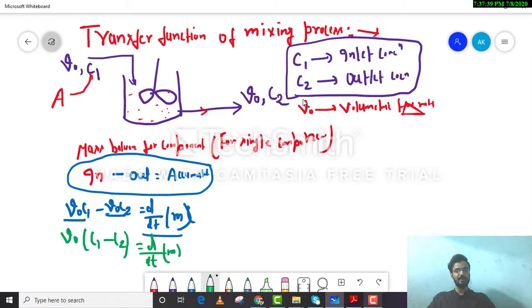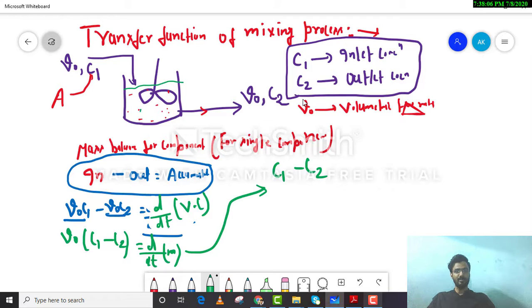From here, this is totally a mathematical part. Here you can write m as volume into concentration. I am writing d upon dt of volume into C, because we are going to assume a constant holdup system.